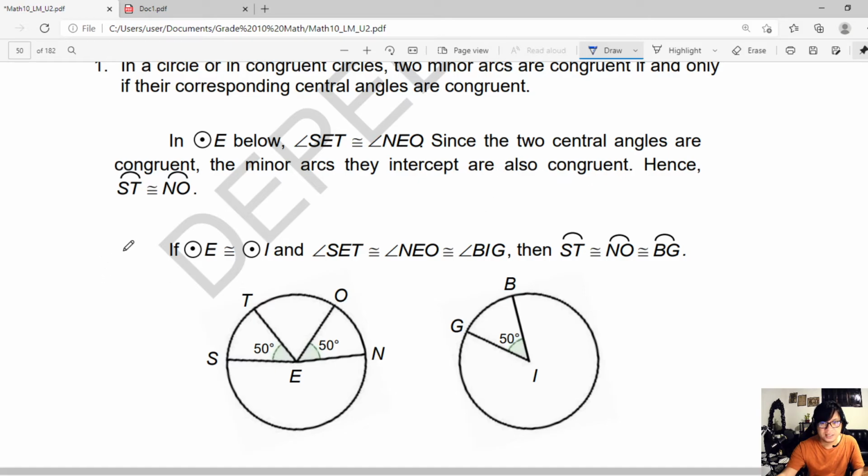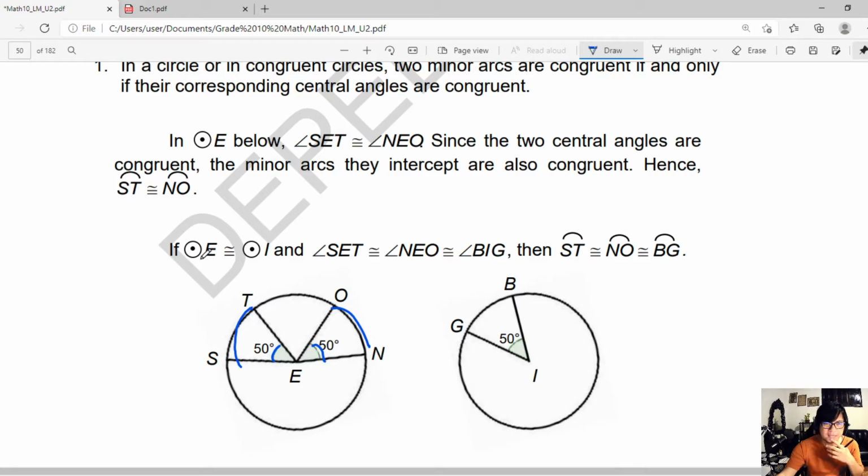Hence, arc ST is congruent to arc NO. Kasi congruent man itong dalawang angle. Ibig sabihin, if they are congruent, their intercepted arcs are also congruent.